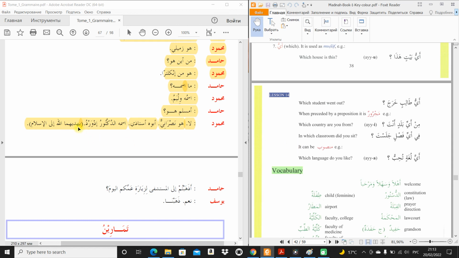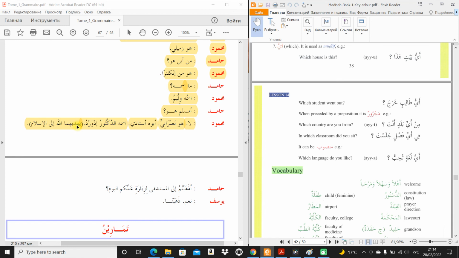Like, for example, يهديه, he, it means him. يهديها, it means her. يهديهم, it means them. But hima, or huma, well, originally it's usually huma, it means both of them.